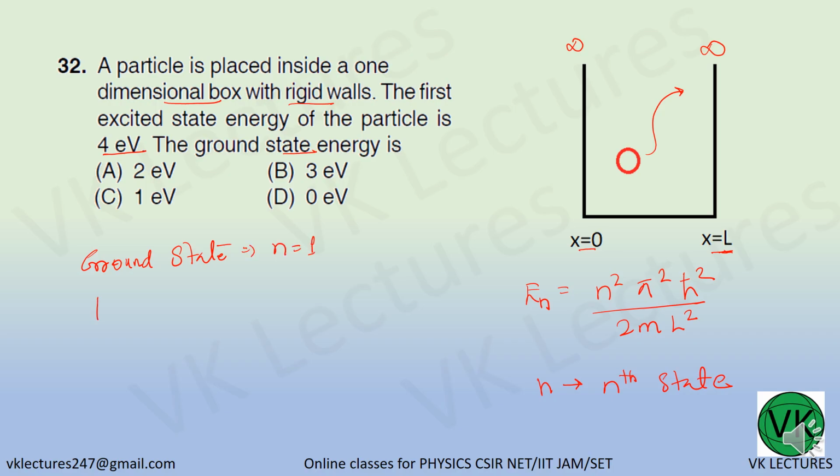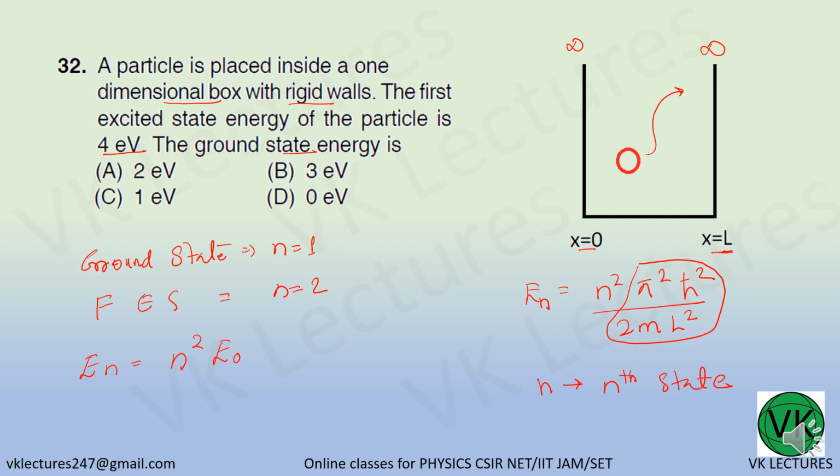First excited state means n equal to 2. Now all these quantities are constant. Pi square is constant, h cross square, 2m L square, this is constant. So your En is equal to n square times E naught.